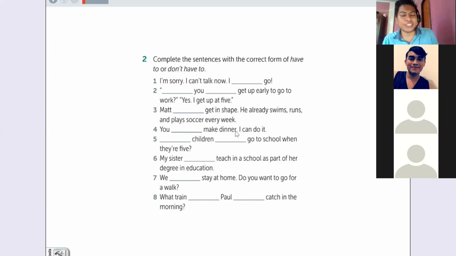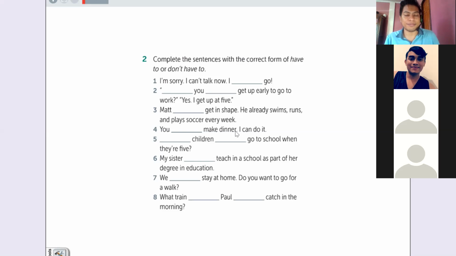Easy, because my sister is she. And remember that when I have he, she, it, I conjugate the verb differently. My sister has to teach in a school as part of her degree in education.